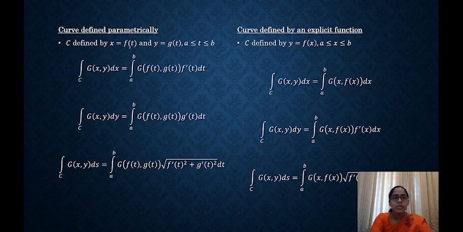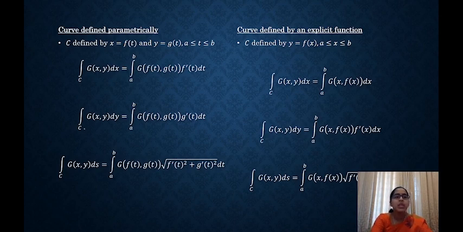Now if x is f of t, dx will be f dash of t dt. So we will replace this whole term in terms of only t. As t is varying from a to b, the integral over c of g(x,y) dx will be the integral from a to b of g(f(t), g(t)) into f dash of t dt, because instead of dx we have to differentiate this equation, which gives f dash of t into dt.